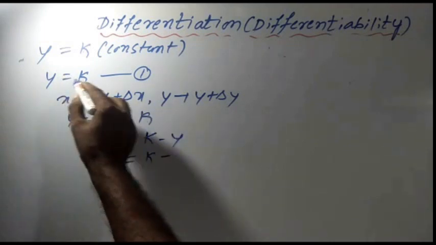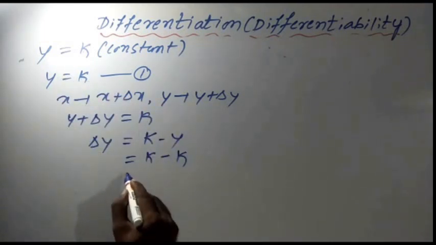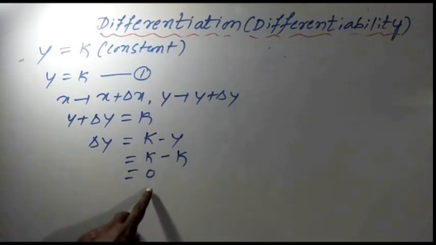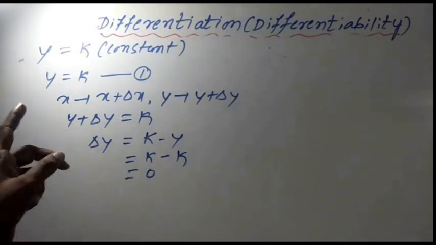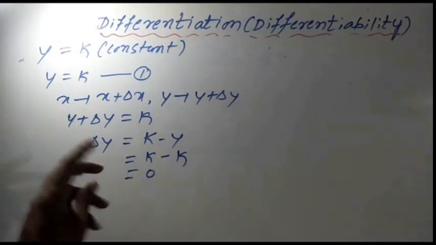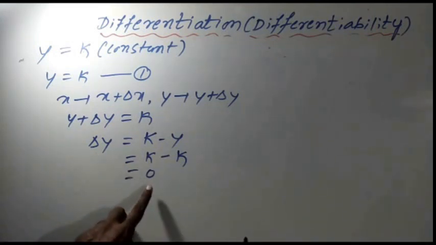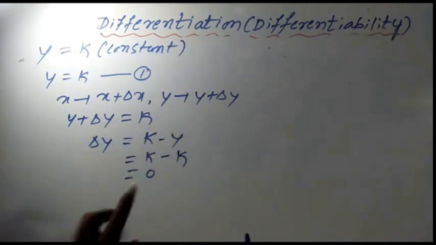Already y is equal to k is there. Therefore, in place of y put k. K minus k is equal to 0. It means delta y is equal to 0. Means there is no increment or decrement of the function y is equal to k. Therefore, delta y is equal to 0. It means y does not change.